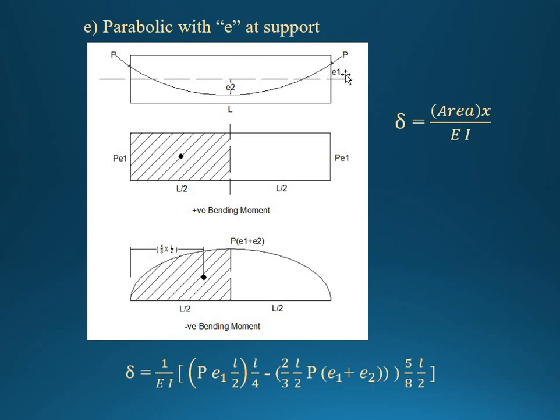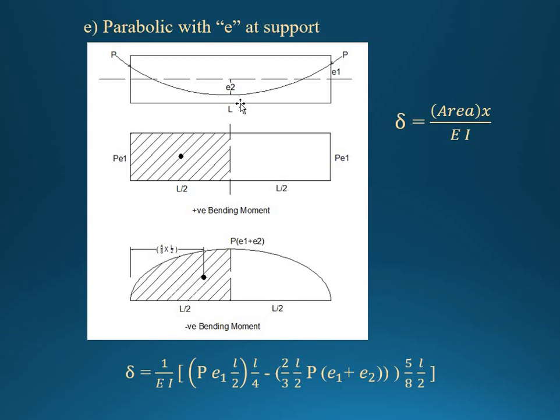For eccentricity at the support is E1, eccentricity at the center is E2. I have already said if the cable is below the neutral axis, then the bending moment will be negative bending moment. If the cable is present above the neutral axis, then it will be a positive bending moment.